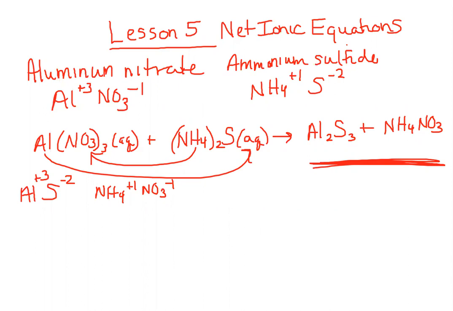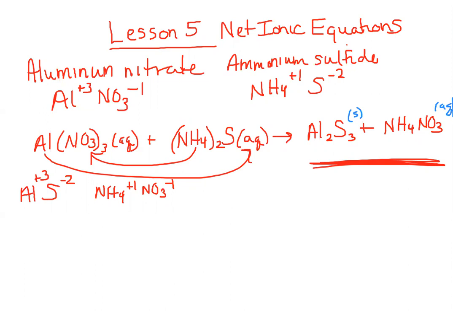And the NO3 is soluble. So sulfur is insoluble, so that means it can't dissolve. So this is going to be our solid, and this is going to be our aqueous solution on this side of the equation.